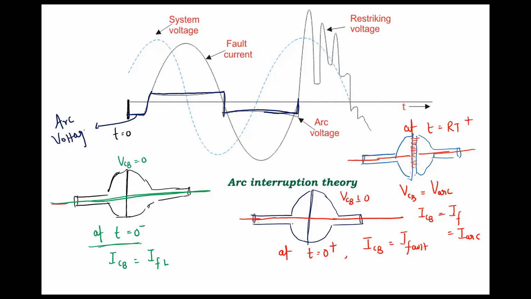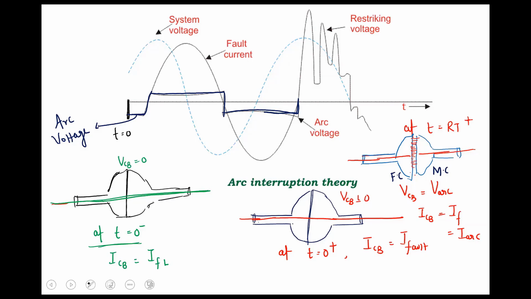The voltage across the circuit breaker poles. Poles means contacts. It is the voltage across the fixed and moving contact of the circuit breaker when an arc is occurring between them. This is the arc voltage which I have drawn in black.